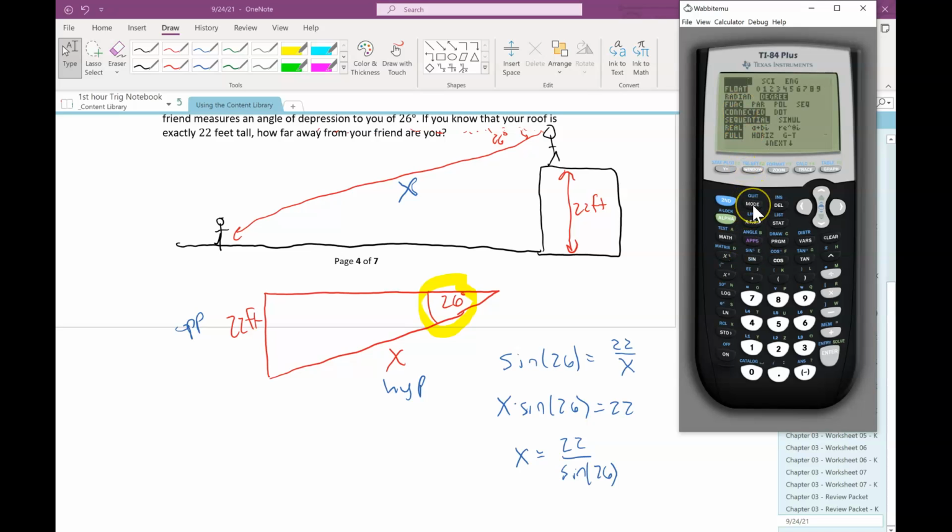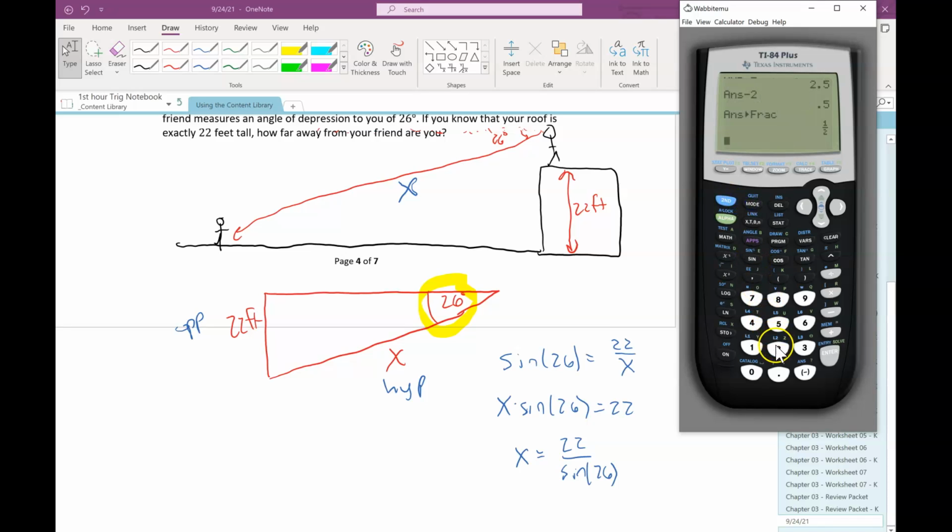So I'm going to press that mode button right next to the blue. Since I'm doing sine, cosine, or tangent of an angle in degrees, I have to make sure my calculator's in degree mode, which mine is already. If yours isn't, you just use your left and right arrows to move to where the degree is. Your cursor's on the degree, and then just press enter, and it'll switch it. But we're all set here.